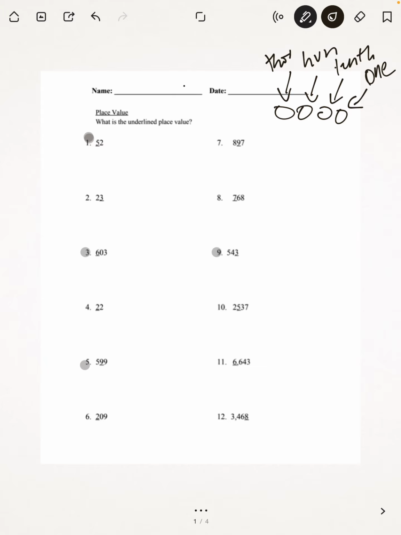So if you look at this, there's 2 digits. It's 2 digits. So the 2 is in the ones place, and the 5 is in the tens place. 603.